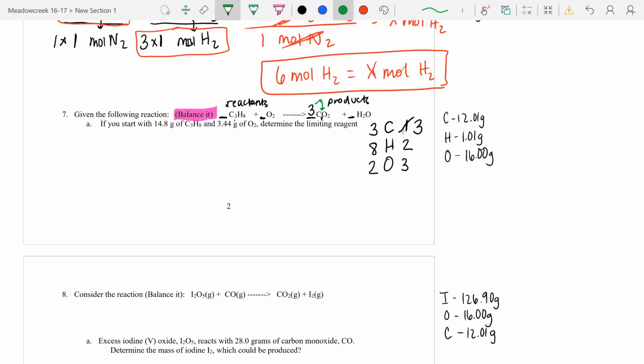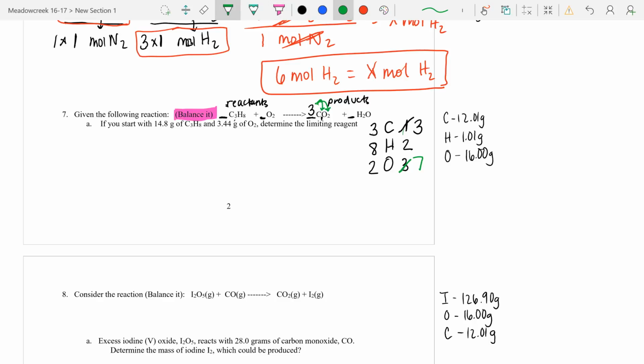Not being multiplied by this 1 down here that I wrote next to my C. That's just where we're going to keep track of our answers. So that also gets multiplied by my oxygen. So 3 times these 2 oxygens are going to give me 6 oxygens, plus this one over here gives me a total of 7 oxygens. So be careful there. You don't want to get tripped up.